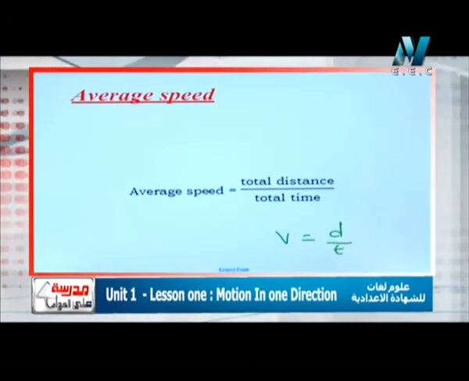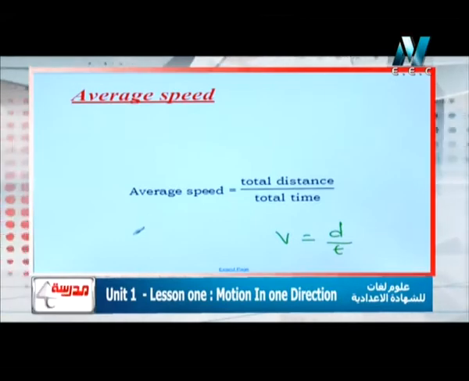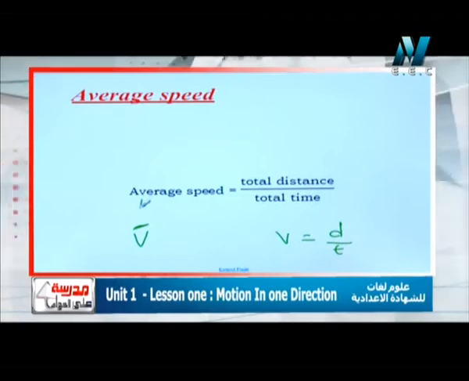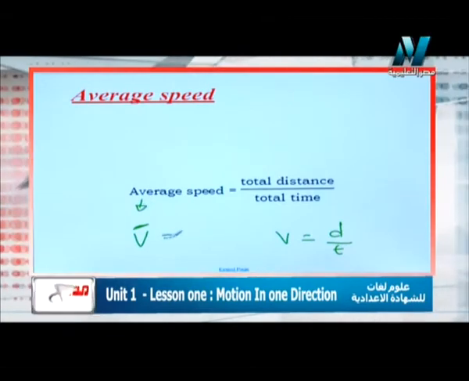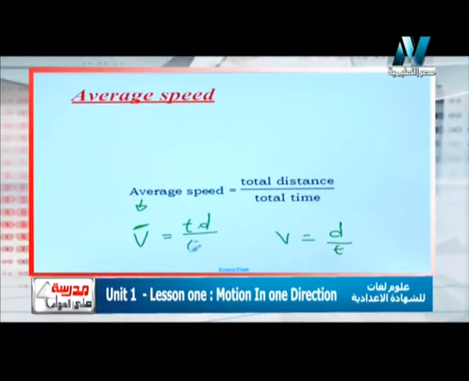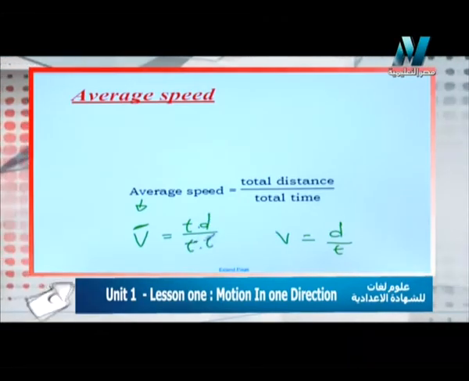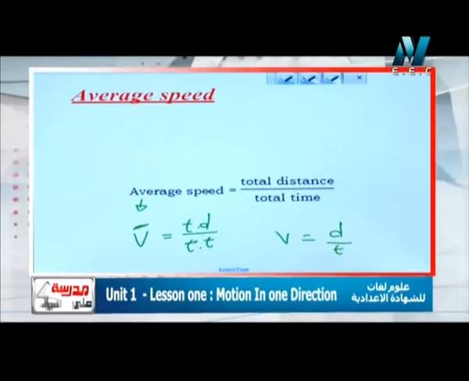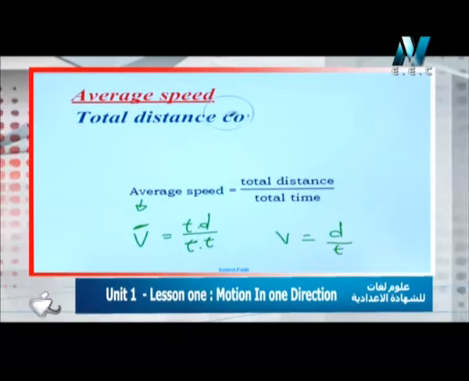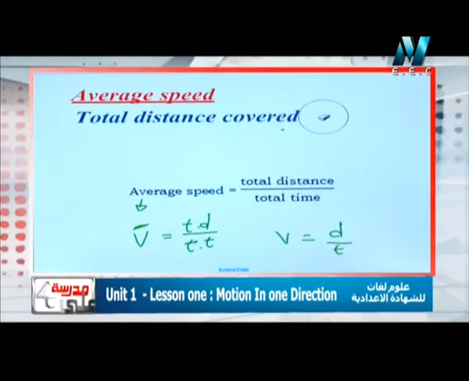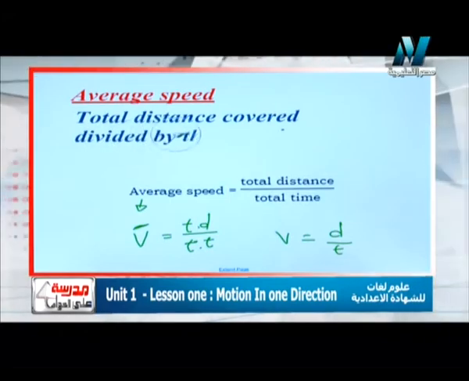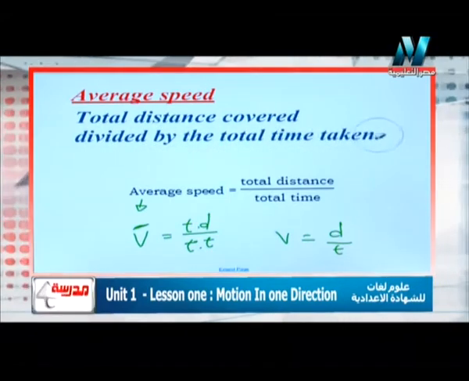So average speed, as v dash, equals total distance over total time. How can we define average speed? It is the total distance covered divided by the total time taken. That's it.